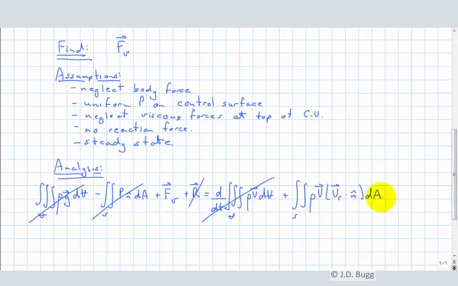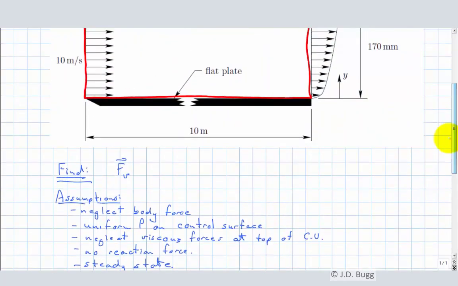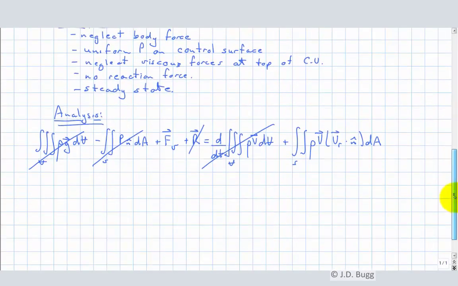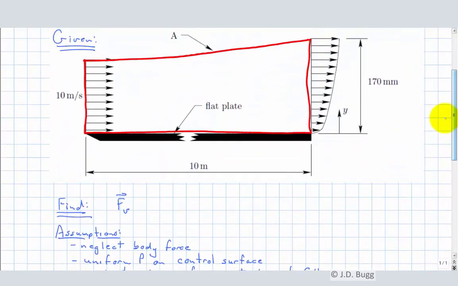Next term we have is momentum transport across the surfaces, and as we take a look at this, the control volume has an inlet here, and the inlet is uniform, but the exit is non-uniform. So we can make the uniform flow assumption at the inlet, but we can't make it at the exit. Now the next thing we'll recognize here is the viscous force is going to be in this direction. So I should add another coordinate axis on here.